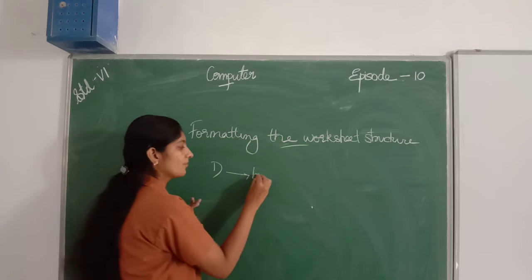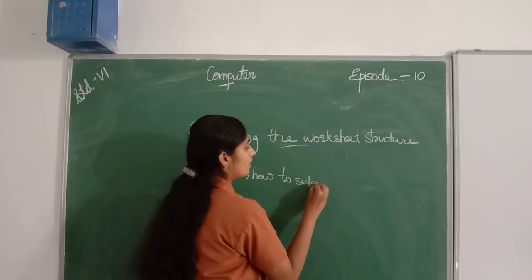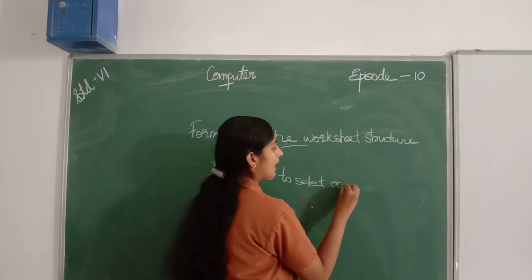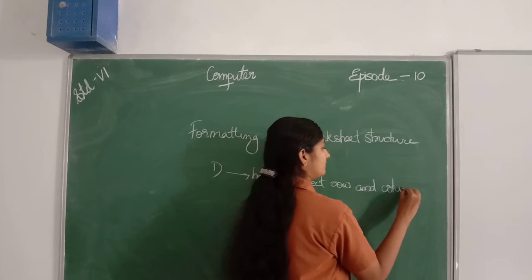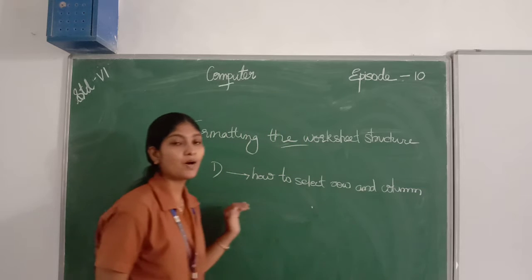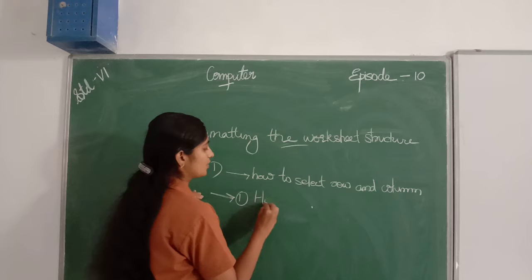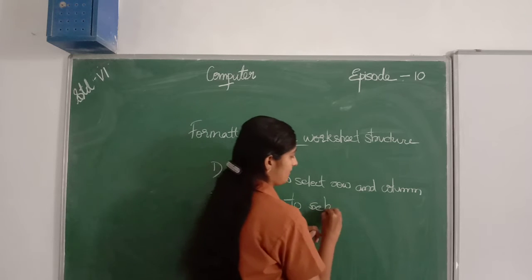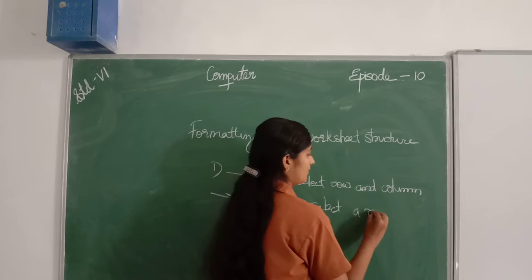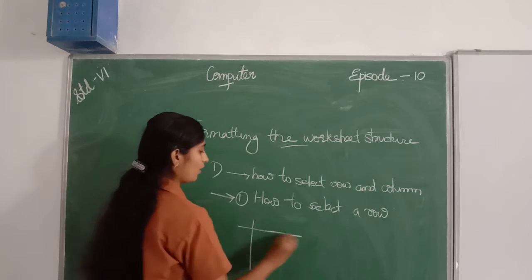How to select a row and column. So first one, how to select a row. We know our worksheet consists of what?